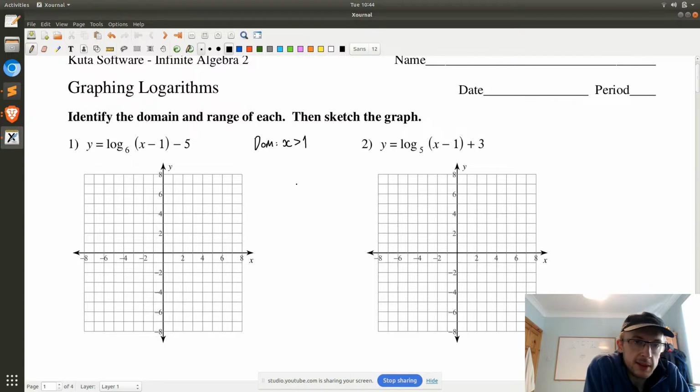And as for the range, well, the range of the logarithm is typically like 0 excluded.